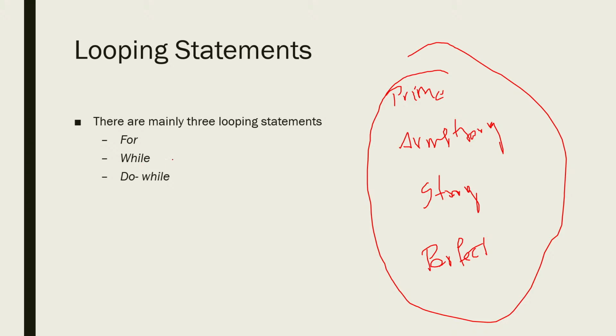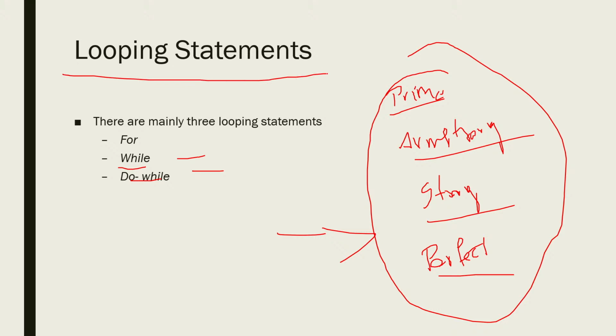Tomorrow's class we will learn about while loop and do while. After that, we will start on Friday the prime number program, Armstrong program, strong number, perfect number, how to find in a range, how to check. This will be learned in these looping statements, guys. By using for loop, while loop, do while, and conditional statements, we will solve these programs.